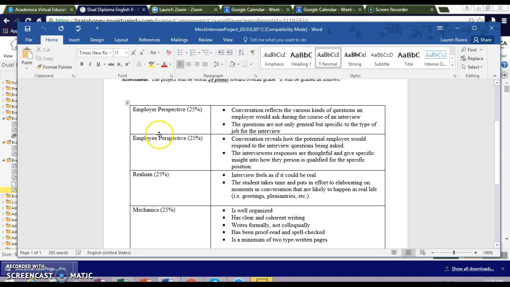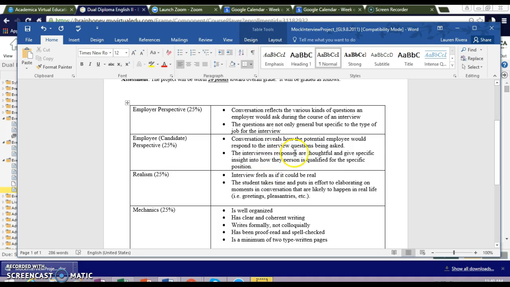And then the employee perspective. So this is another way of saying the candidate. Okay, employee would be you because you want to get the job. Candidate, right? The conversation reveals how the potential employee would respond to the interview questions being asked. And the interviewee is another way of saying the person who's being interviewed. In other words, you.